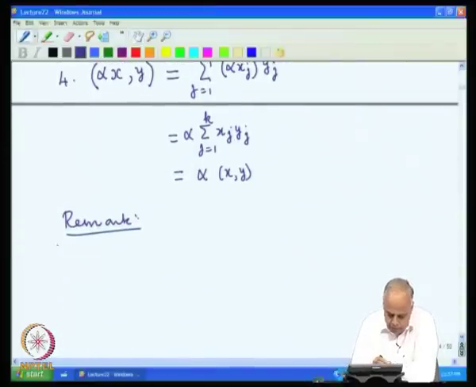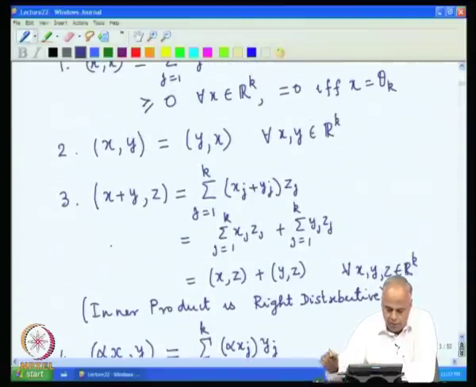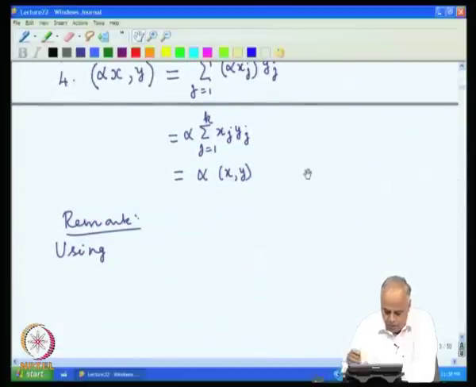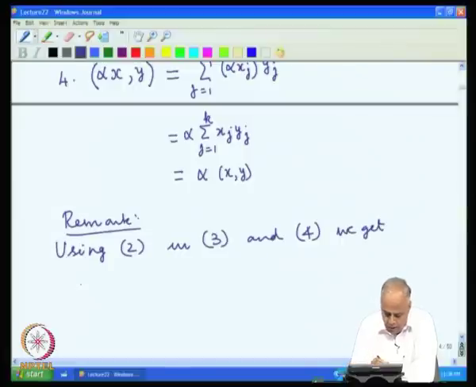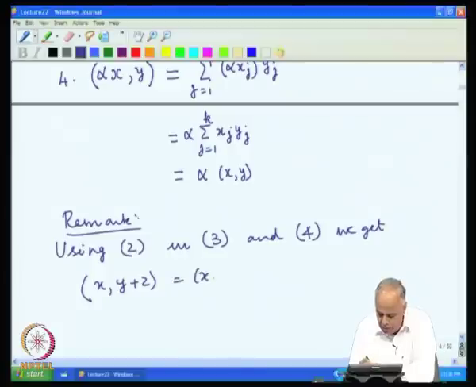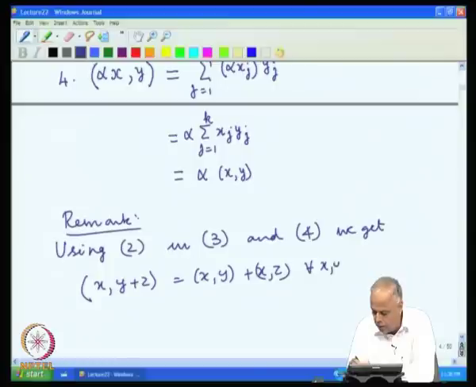So, using the symmetry property, which we have called property 2, in the distributive property and the scalar multiplication property, we get the inner product of x with y plus z is equal to the inner product of x with y plus the inner product of x with z for every x, y, z in R k, that is left distributive.